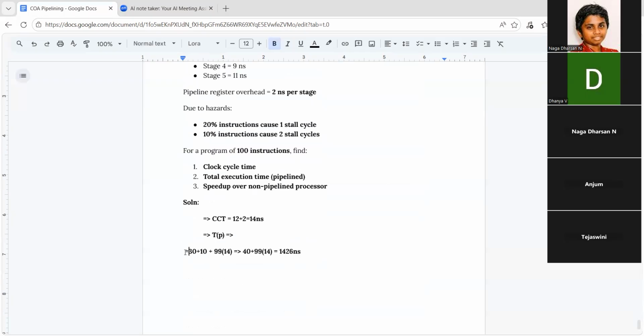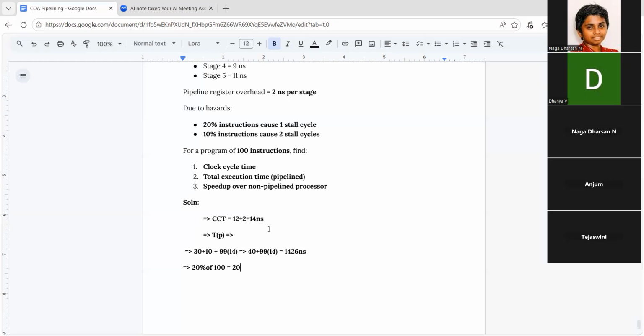In the case of hazards, 20% of instructions cause one stall cycle, and 10% of instructions cause two stall cycles. 20% of 100 is 20, so 20 instructions cause one extra stall cycle. A stall cycle in this case is just 14 nanoseconds. So with the time we already have, we need to also include the time caused by hazards.